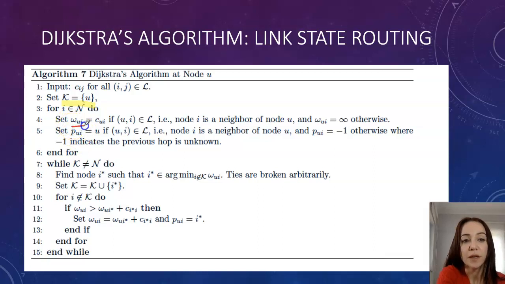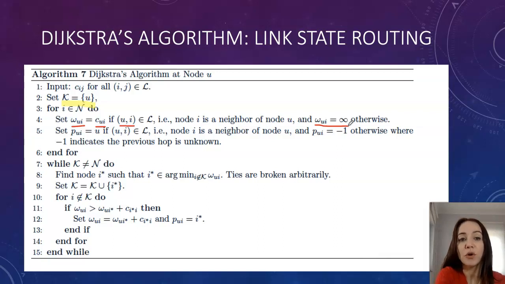WUI is the current cost of going to node I from node U. This is initialized as CUI if the link UI is already present, meaning node I is a neighbor of node U. Otherwise, WUI is initialized as infinite because currently the cost of going to node I is not known.